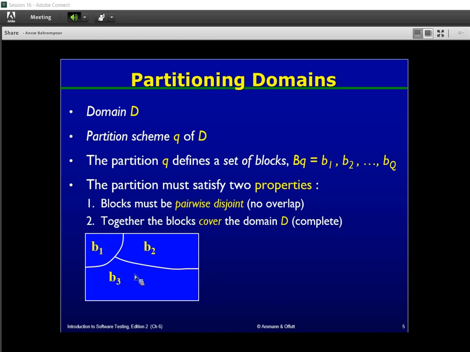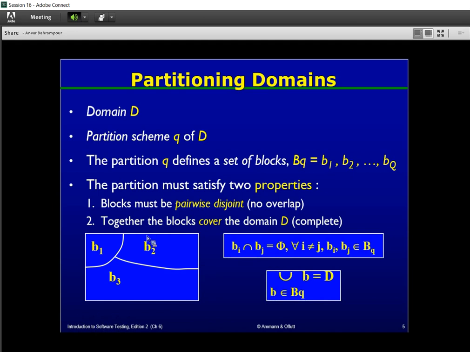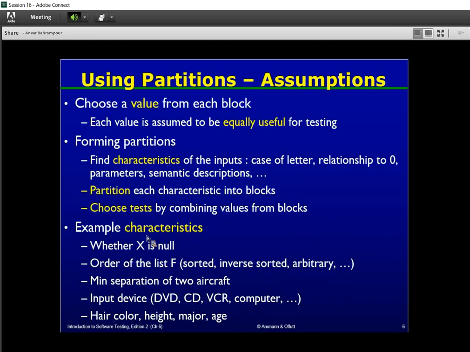So these blocks have this disjointness property, and the union of these blocks makes the domain D. So these two properties should hold for all partitioning, or all characteristics applied in these techniques.